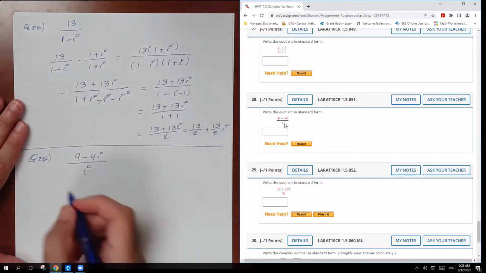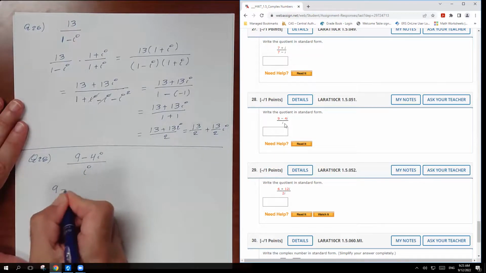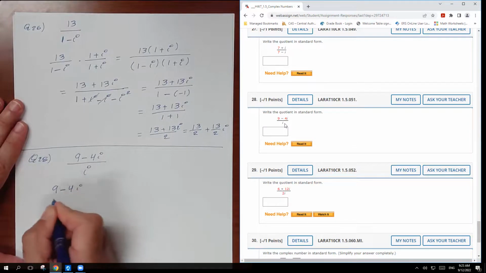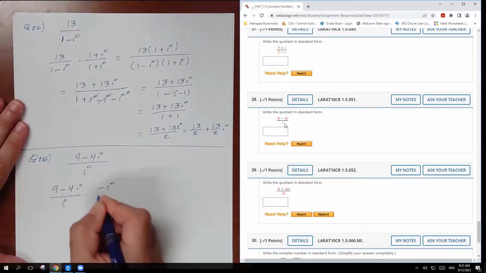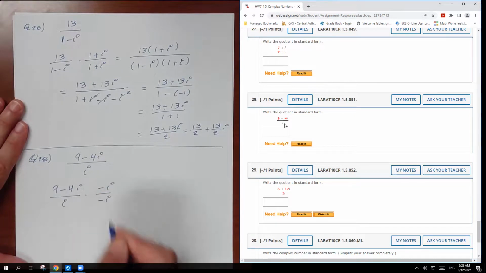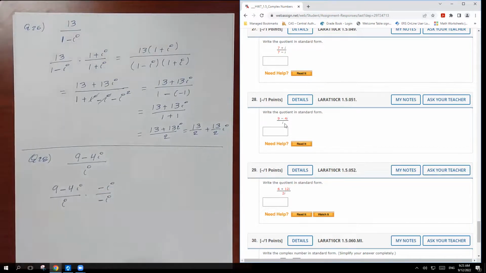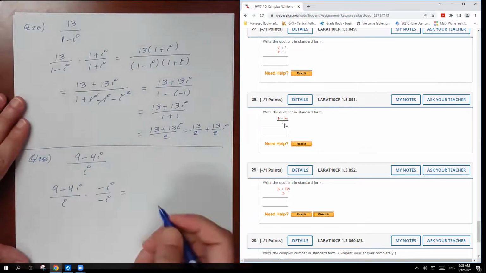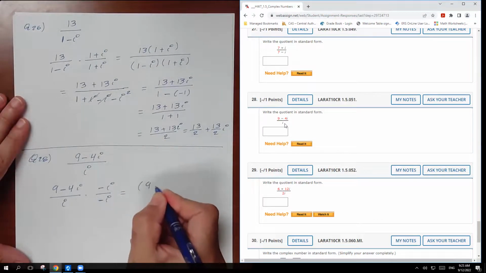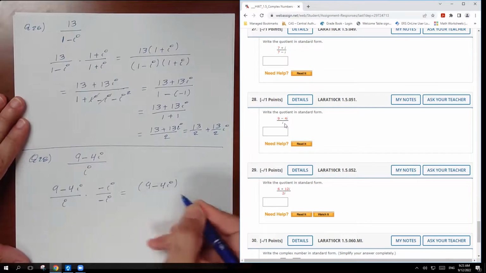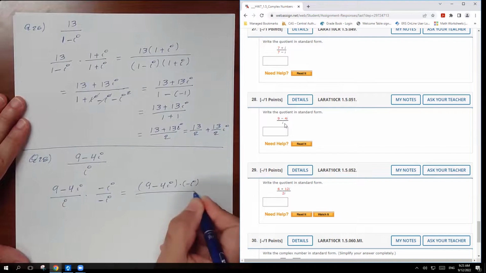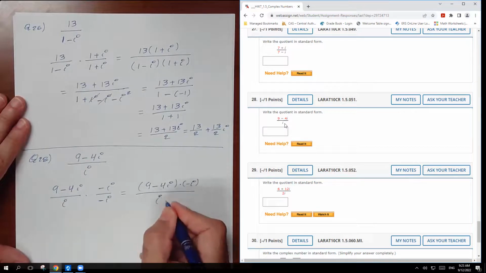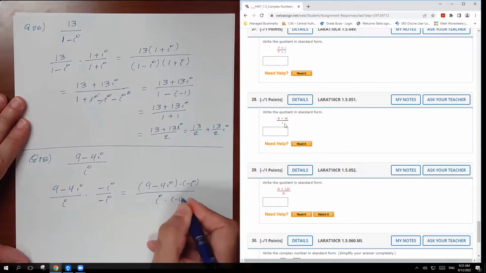So you're going to multiply 9 minus 4i divided by i by negative i over negative i. It's a multiplication. So what I'm going to do, 9 minus 4i times negative i, divided by i times negative i.